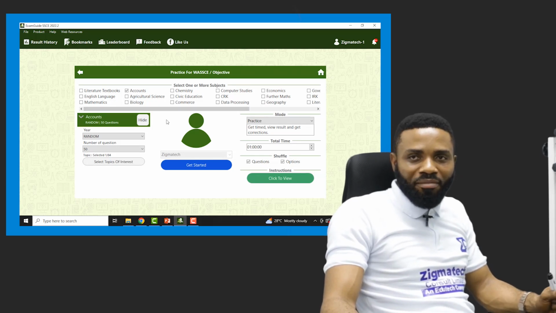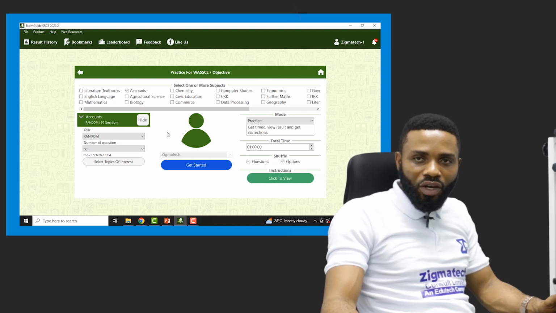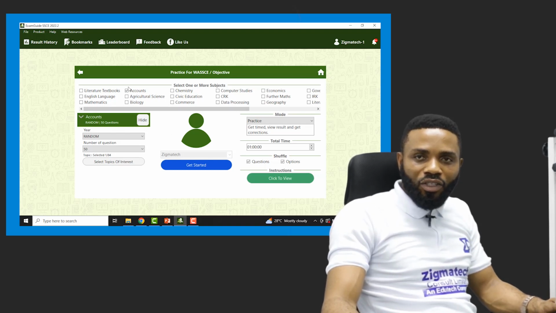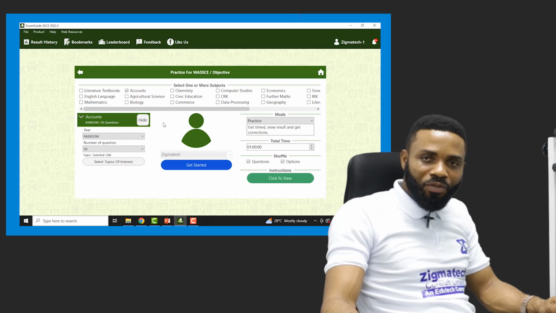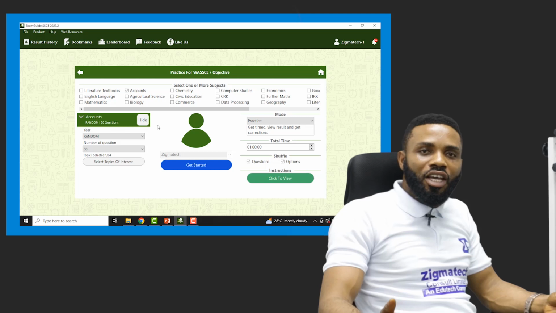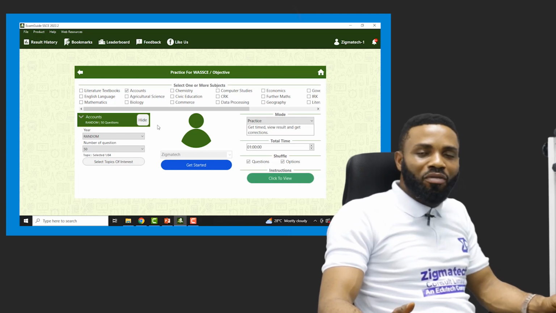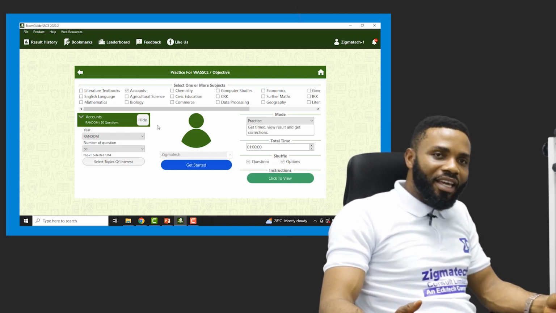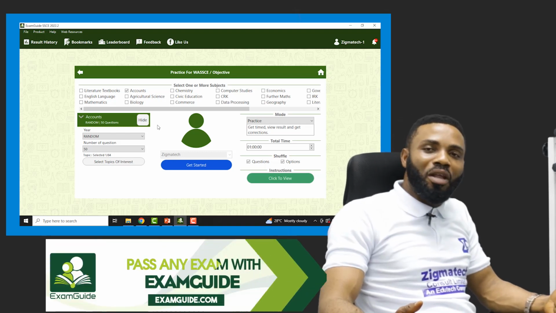When you click on the exam guide, you see what is shown on the screen. You see account is already clicked because that's our subject of interest. And then when it comes to year, you can choose any year of your choice. Students will want to find out from a particular year the question that is set based on the particular topic.